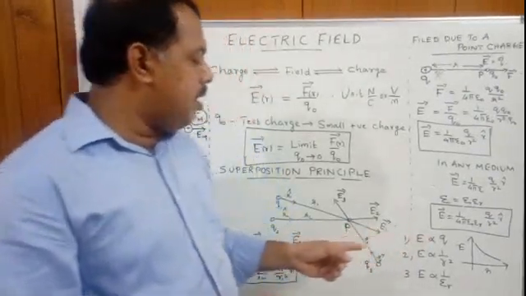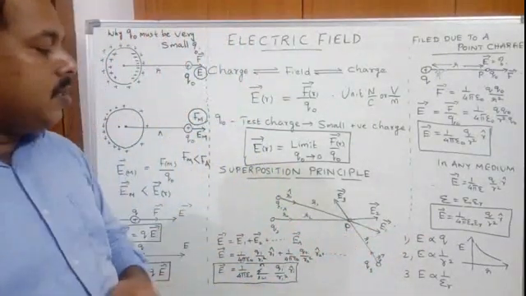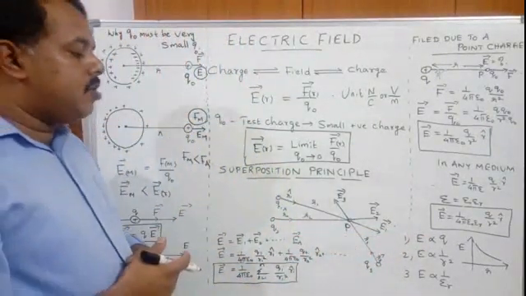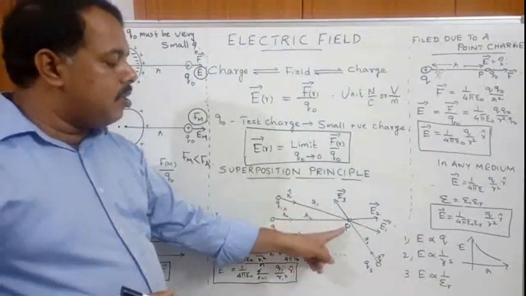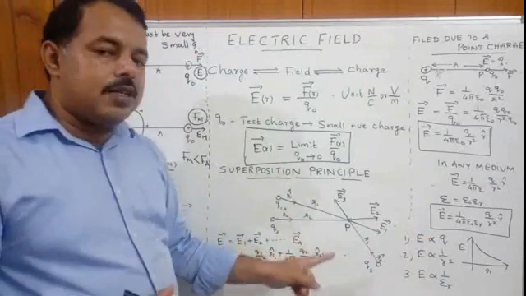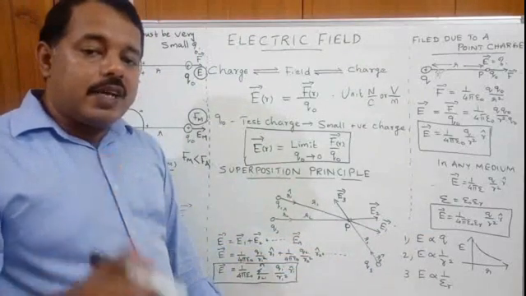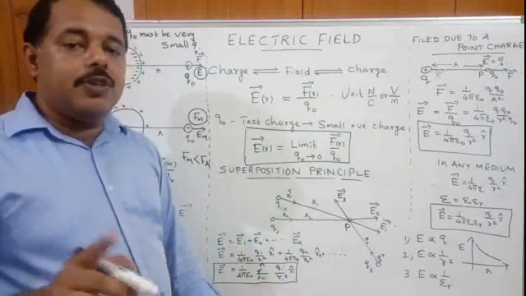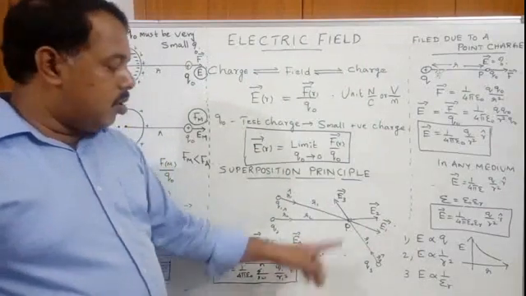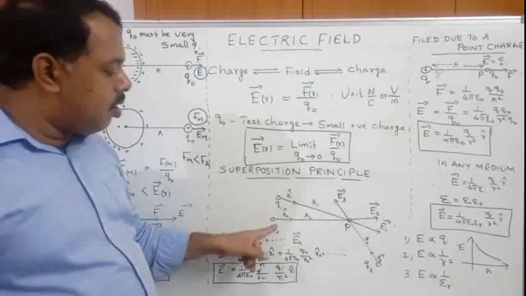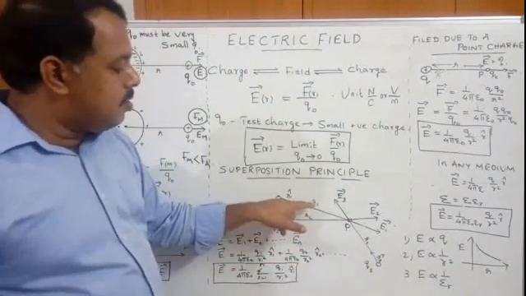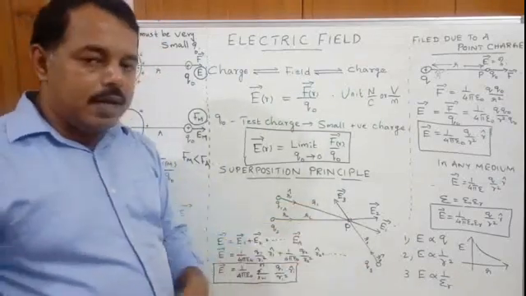Now we have to study the superposition principle. Superposition principle says that the total electric field at any point due to a system of charges is the vector sum of the electric field due to individuals. So this is the point P surrounded by a system of charges Q1, Q2, Q3 at distances r1, r2, r3.